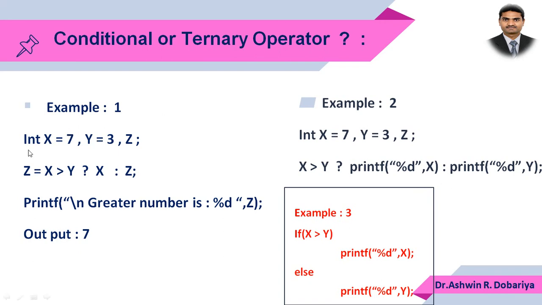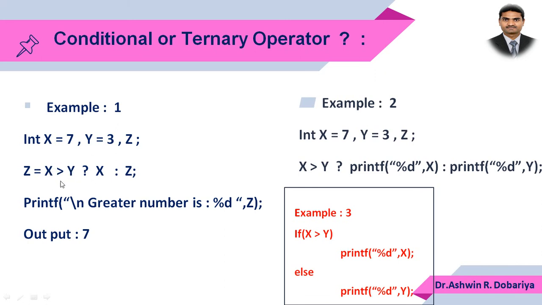Example number 1. Suppose in our program we have declared 3 variables, x is equal to 7, y is equal to 3, and z. Now how can we return the greater value, or you can say the maximum value? Here we can write the conditional operator like this. First the condition. Our condition is: if x greater than y.